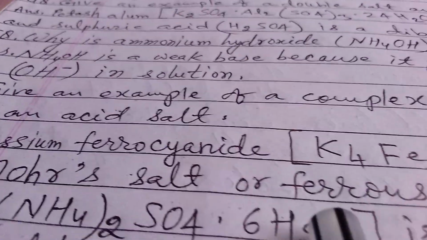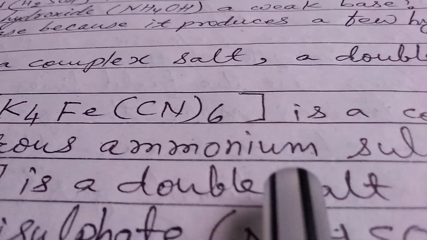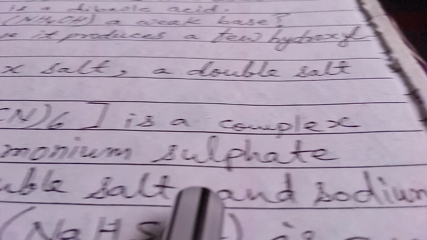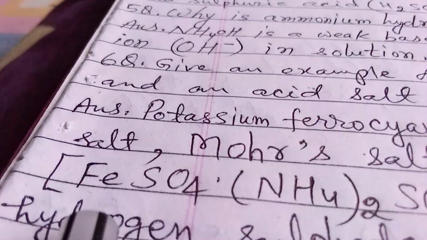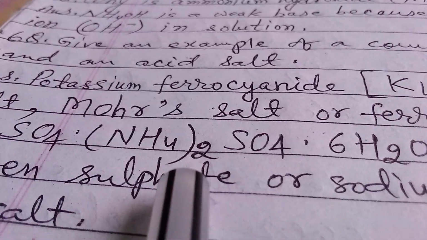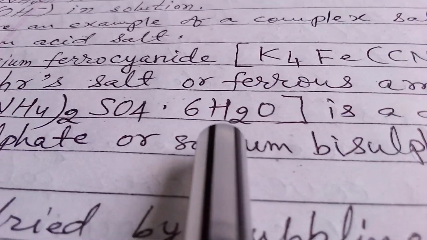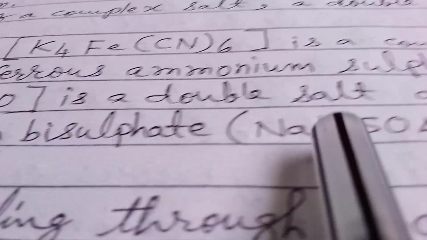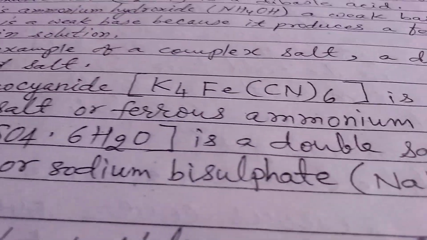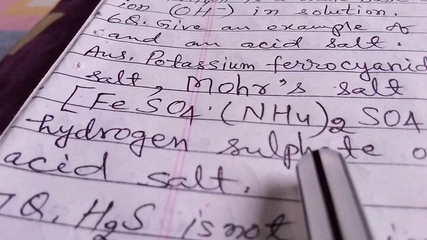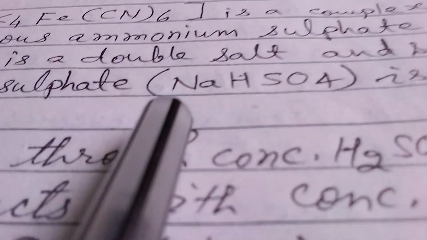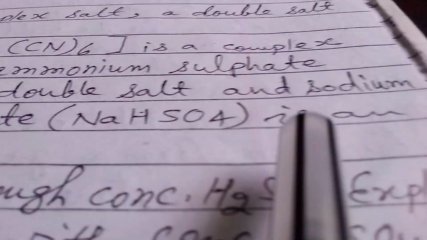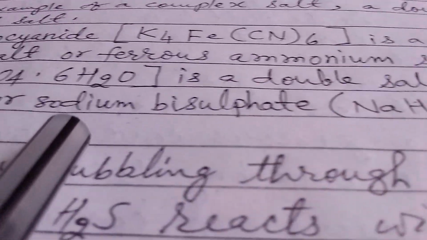Mohr's salt or ferrous ammonium sulfate, that is FeSO4.(NH4)2SO4.6H2O, is a double salt, and sodium hydrogen sulfate or sodium bisulfate, that is NaHSO4, is an acid salt.